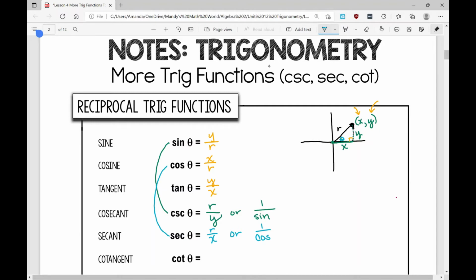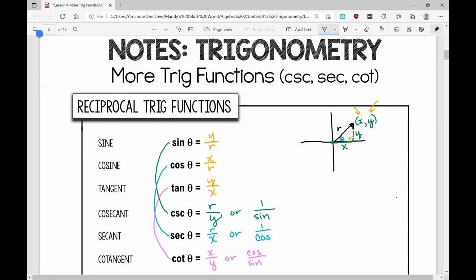And then cotangent, you've got it, is the reciprocal of the tangent function, which instead of y over x is x over y. Or instead of sine over cosine, it's cosine over sine. So when I'm thinking about trig functions, I think of the y as sine.